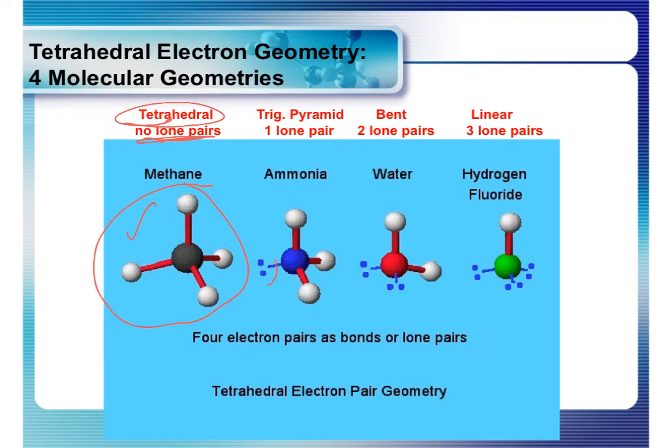Once we introduce one lone pair, okay, now keep in mind that these bonds stay where they were depending on that lone pair. So they can't start flattening out or moving just because our picture is not seeing the lone pair.